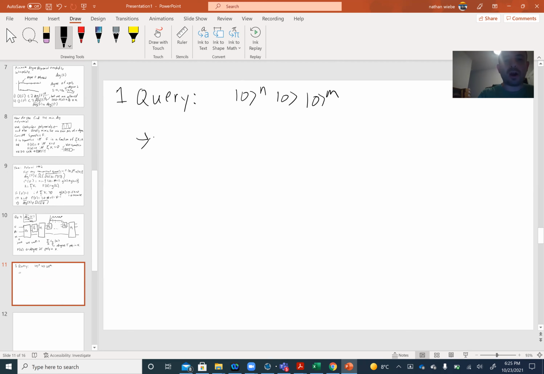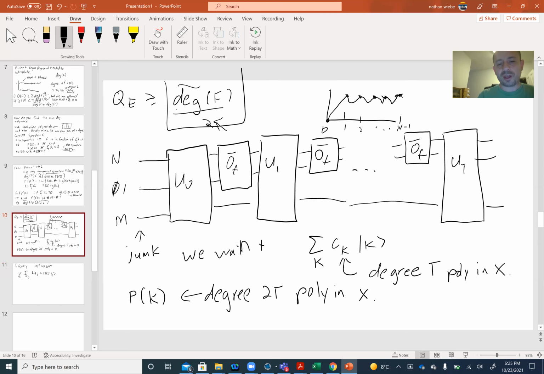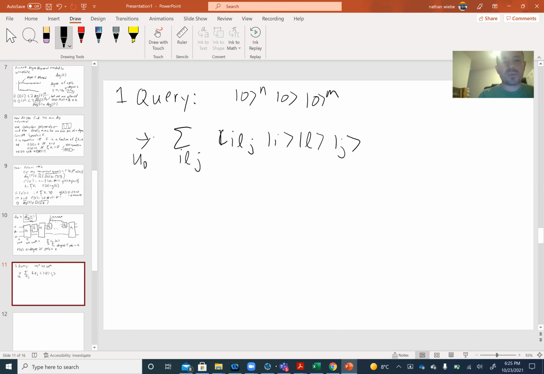After an application of an arbitrary unitary, this will end up producing a state sum of c_{ilj} |i l j> for some constants c_{ilj}. Okay, and this is the action of the first unitary in this canonical circuit over here. So we've just done this guy.